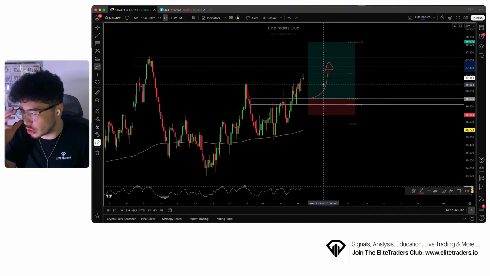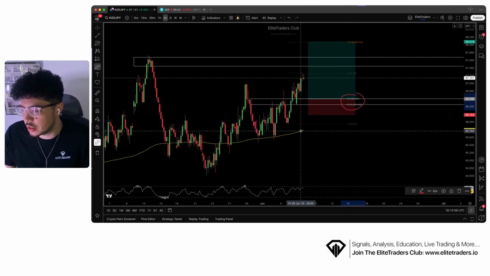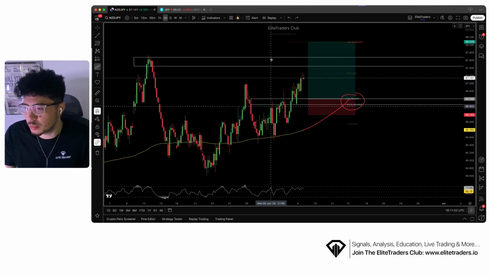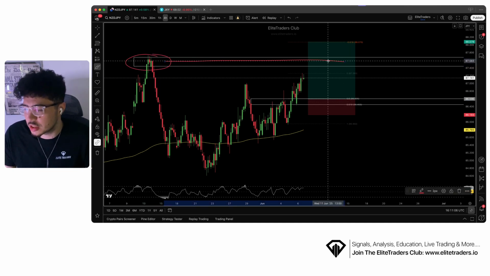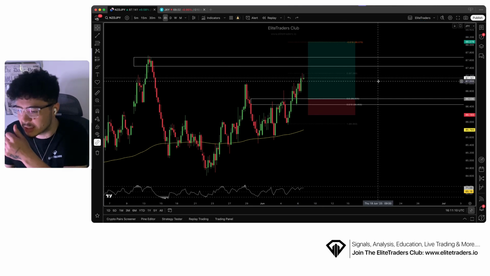The Bank of Japan's in no rush to hike rates, so it puts us in a position where we've got quite a nice central bank divergence there. So I'm looking for, as I always do, a 50% to 618 pullback. The 200 moving average is bullish, so I'm looking for a very simple pullback into the 50% and then continuation to the upside. Just being very cautious of the previous highs as possible resistance, may even take profits at this level. Obviously, we'll see how that develops if we get into the trade.